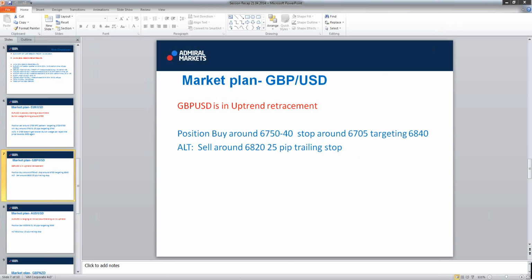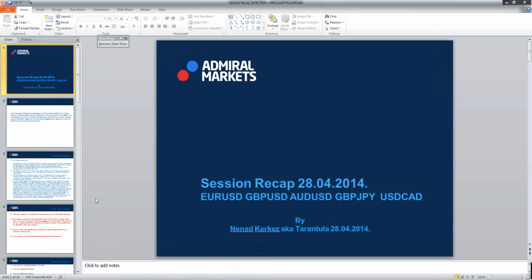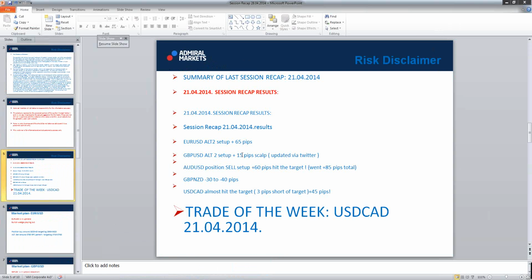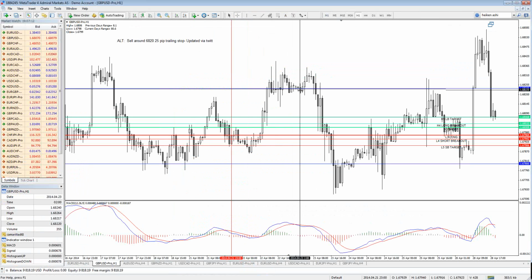I only wrote it down as basically 15 pips of a profit, although this trade was a much better trade. But let's say only 15 pips of a profit.